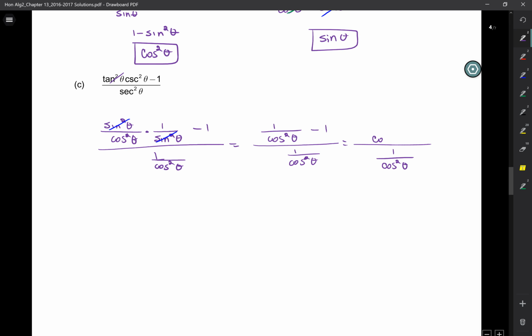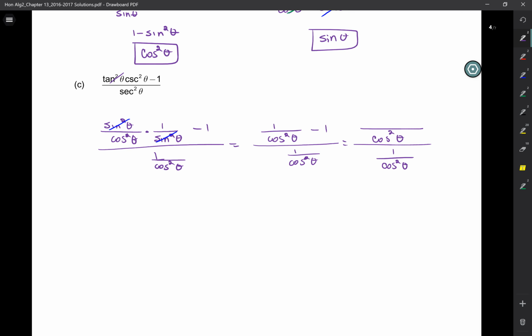So here I have cosine squared theta. No, it's minus 1. Well, you would multiply this and that. No. You would have to multiply. No, it's a little different. Because you're dividing by 1 over cosine squared, you would have to multiply by 1 over cosine.